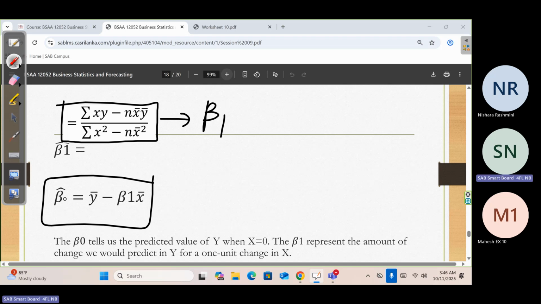Then here, another thing is the interpretation of beta naught and beta 1, which is the important thing here. Beta naught is intercept. Okay, then normally when we draw the straight line, what does the intercept mean?